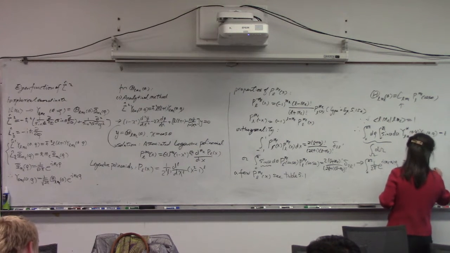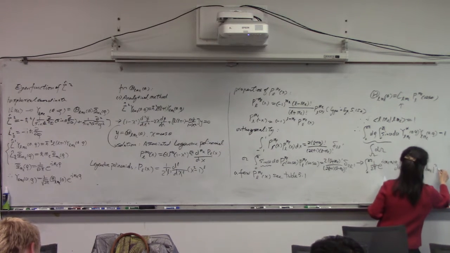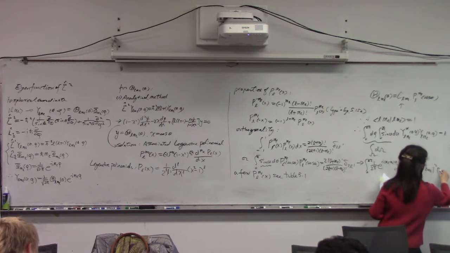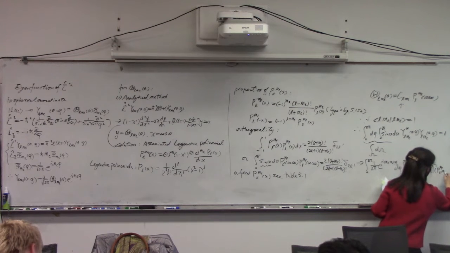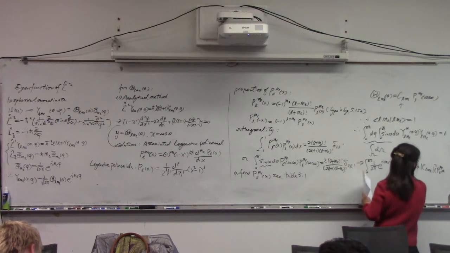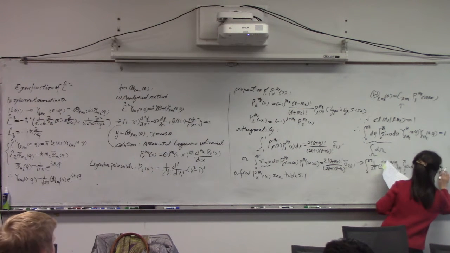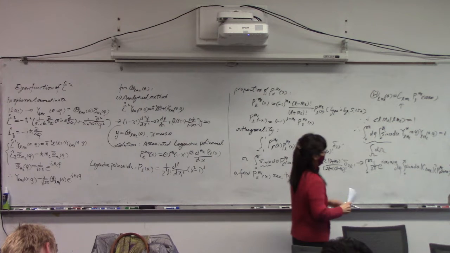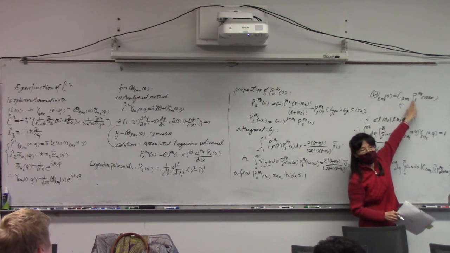C_lm_l squared, then P_l^{m_l} of cosine theta, squared. Right, this is complicated, but it's a real function.